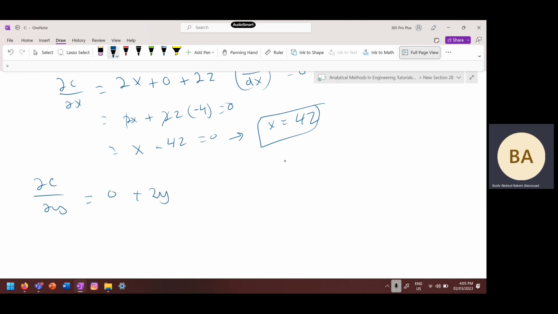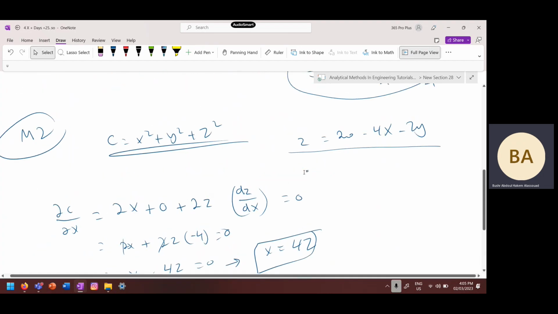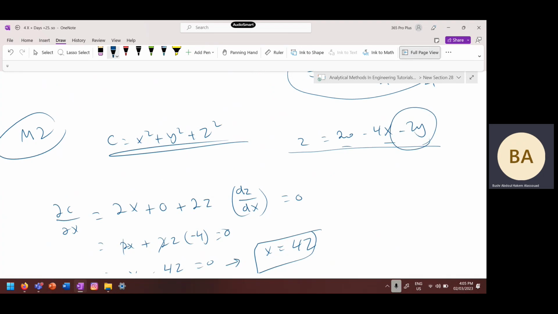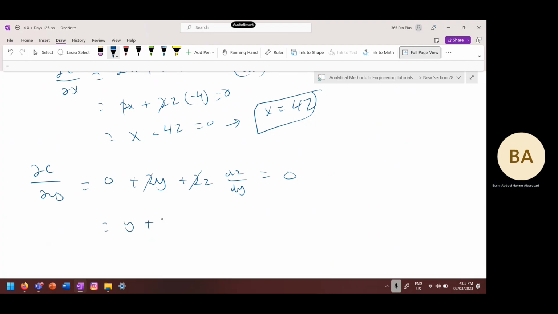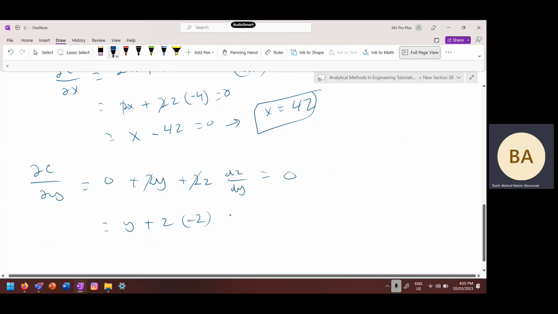Again, z is also a function of y, so it's going to be differentiated to 2z dz over dy. The dz over dy is equal to -2. So yes, this is equal to 0. Cancel the 2's here. So we'll have y plus z times -2 equals 0. So y is equal to 2z.